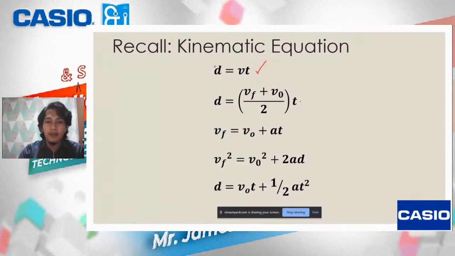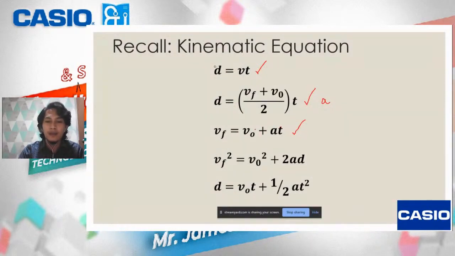Ito naman is our average velocity. So, if we have two velocities, probably nag-increase ang velocity niya or nag-decrease, and we want to get the average, ito yun. So, basically, ito, meron tayong acceleration. And then, this one is from our equation sa ating acceleration.